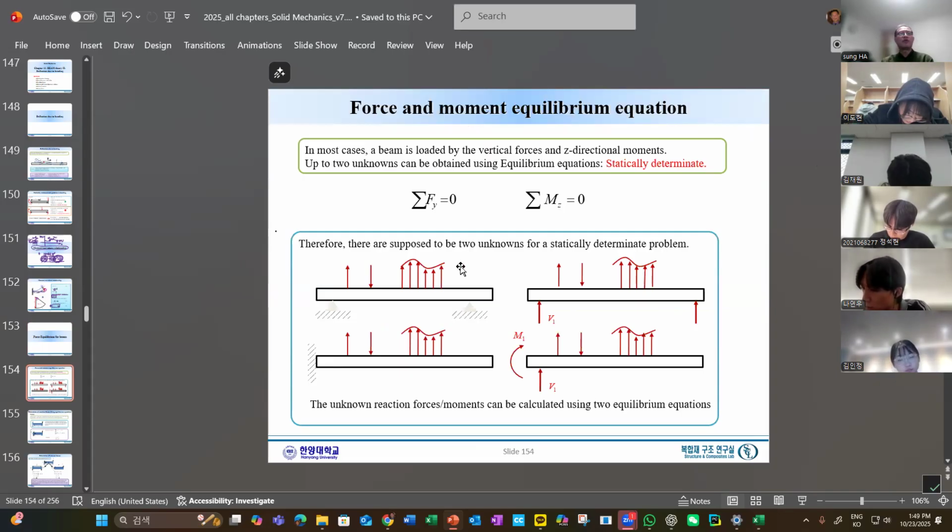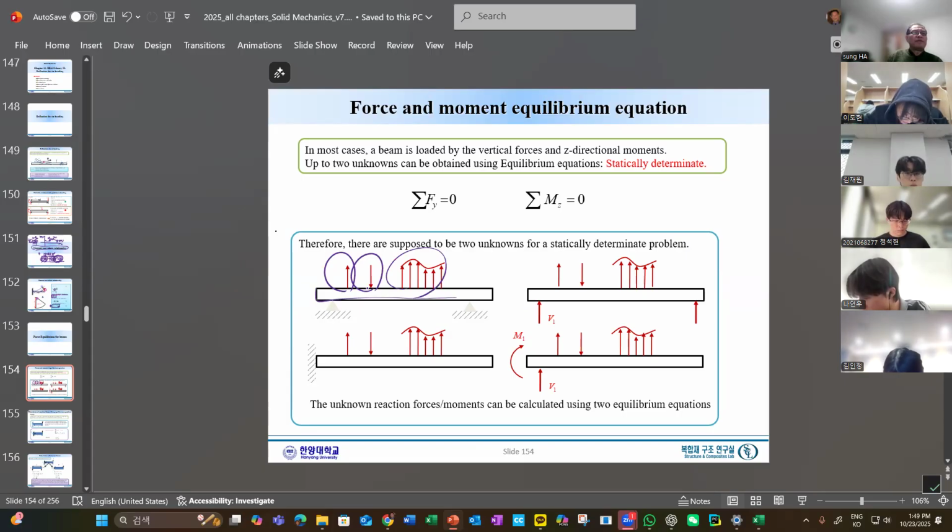We can have two types of equilibrium. See, when you have a beam like this, the force causing the deflection is mainly the vertical load. Okay, let's consider moment later, only vertical load. Let's say this is a beam, and we have a certain vertical load like that.